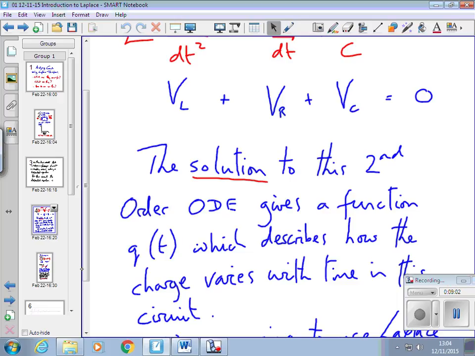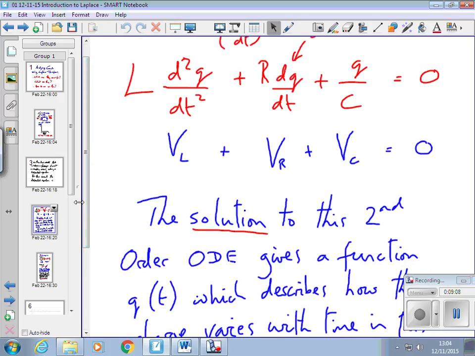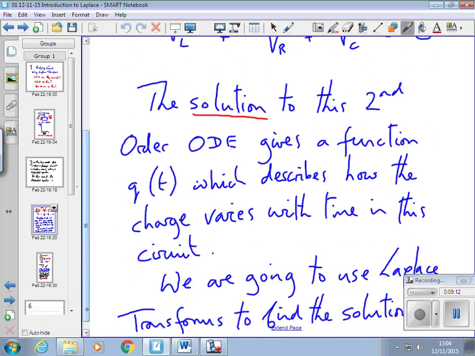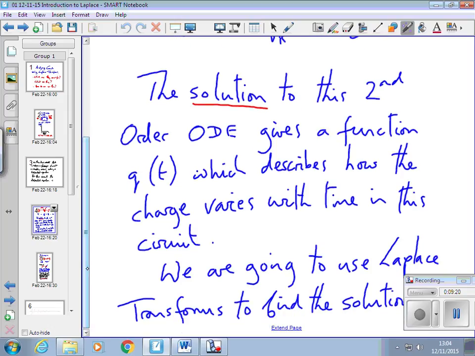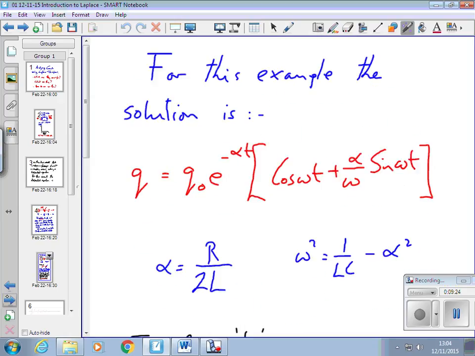The solution to this second order differential equation, and it's called second order because it's got a second differential in it, describes how the charge varies with time in this circuit. We're going to use the Laplace transforms to find that solution. And if I flip over here, I've actually got the solution here. The solution for that equation is this.